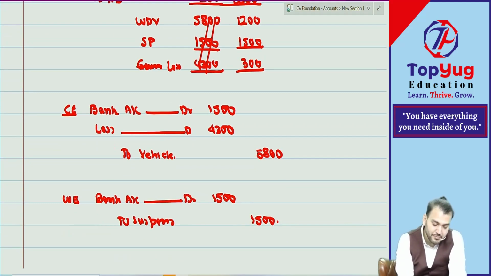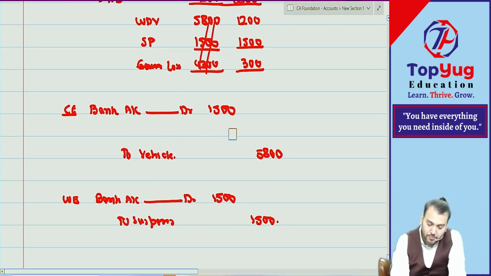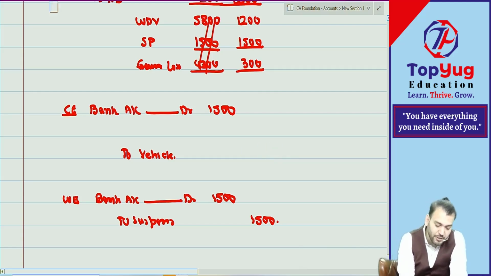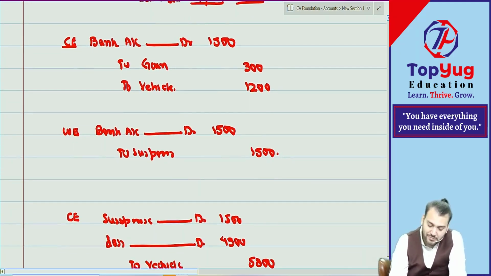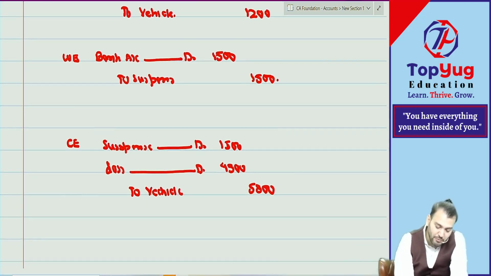Okay, we'll correct it. So bank account 1,500, to vehicle how much? 1,200, and to gain how much? 300. The wrong entry is correct. Now what will be the rectified entry?